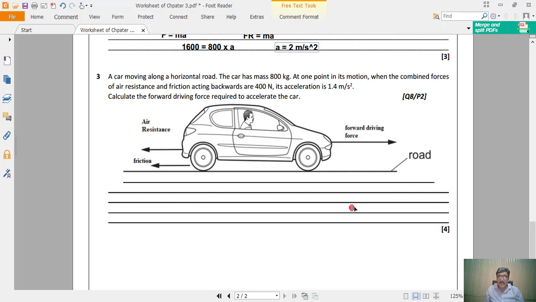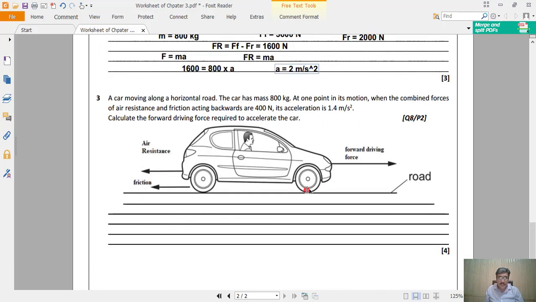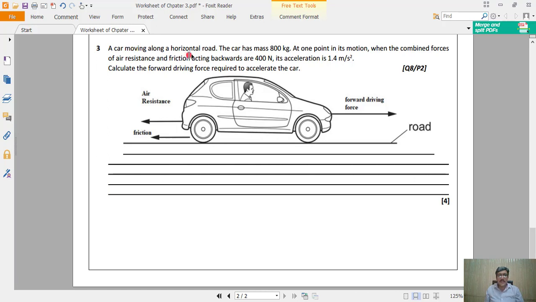Now here is the question number 3, which is also I think the last one. Yes, last question. A car moving along a horizontal road. The car has mass which is given to us. It is 800 kilograms. At one point in its motion, the combined forces of air resistance and friction acting backwards are 400 Newton. So while moving in the motion, there is one point when the combined forces, that is air resistance and friction, act in the backward direction.